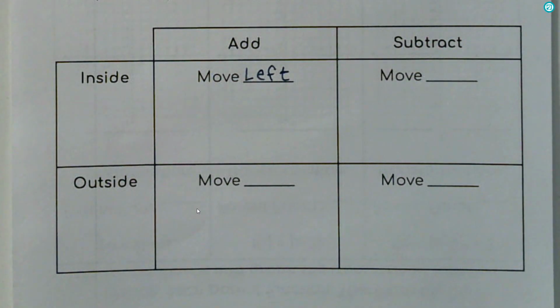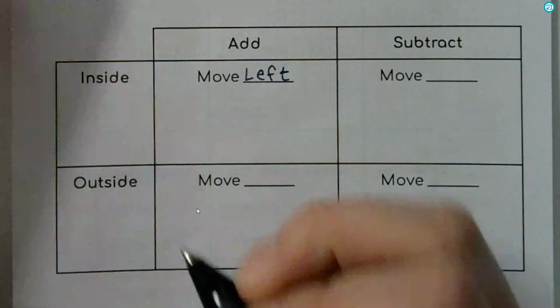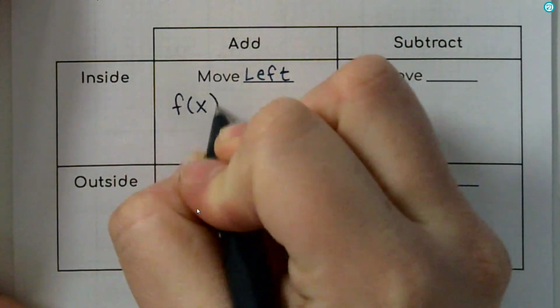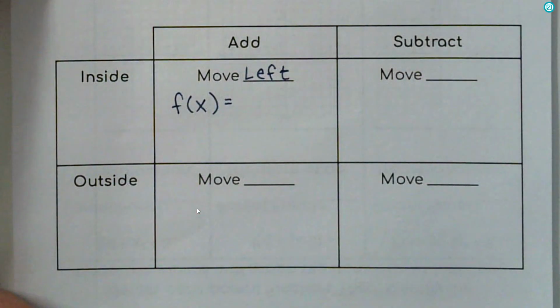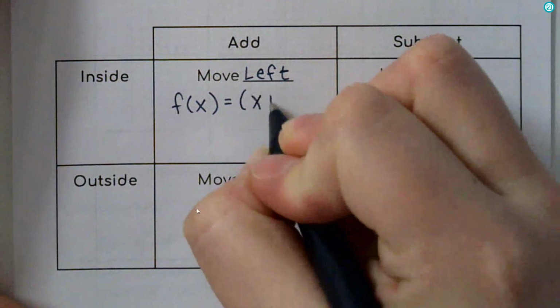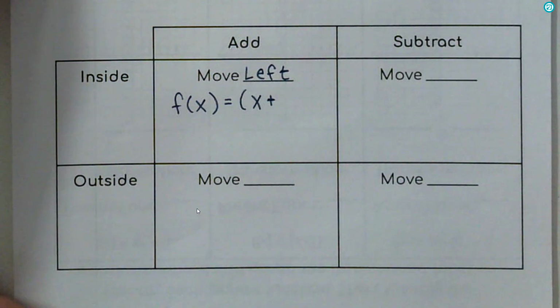I would like you guys to write down 2 examples of what adding inside a function would look like. So write down f of x equals, in parentheses, put x plus... What do we want our random number to be? 4?